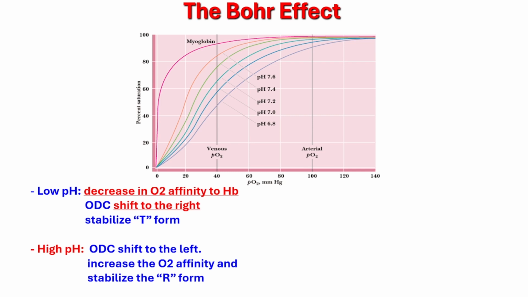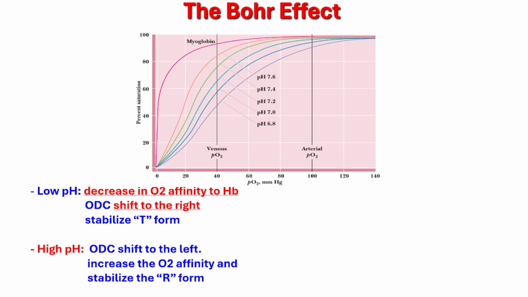So if this is the case, the curve is moving to the right, as you can see here. There is a shift of my ODC to the right, because here I need more and more oxygen, because the affinity has become very low. So I need more oxygen so that oxygen can bind the hemoglobin. That's why a low pH will promote the T form of hemoglobin.